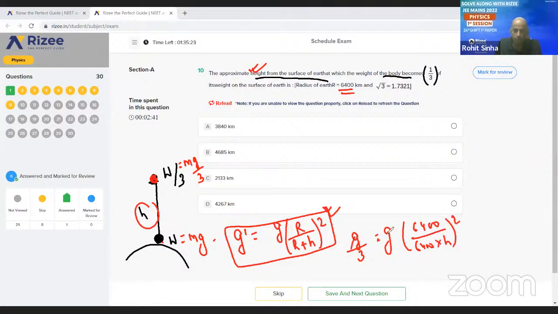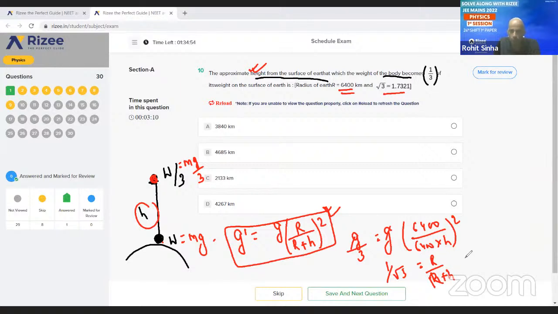Now for the square, you take the square root, you will get 1/√3, which is equal to r by r plus h. So you will cross multiply it and you will find the value of h. R is given, and the value of root 3 is also given here.